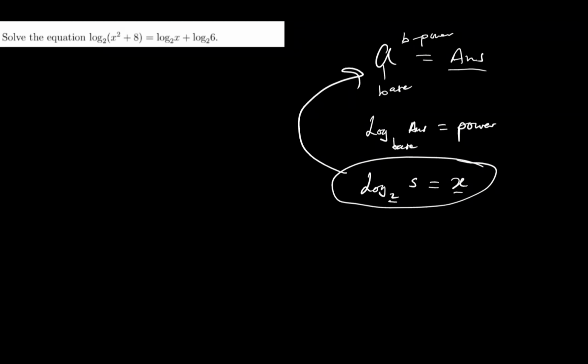I just want you to know that if you have any log in a base that is not in natural form, like for instance, whenever you have a log just given like that, this simply means that this is log base 10, which is a natural log.